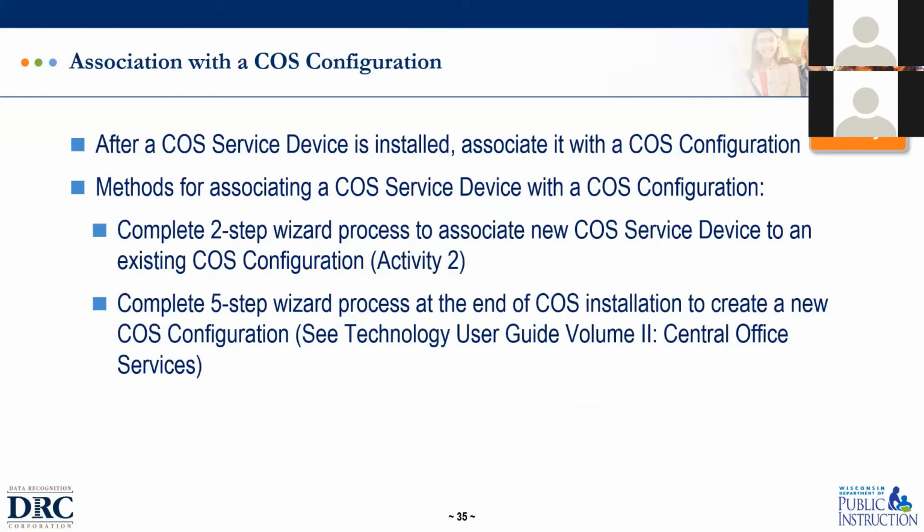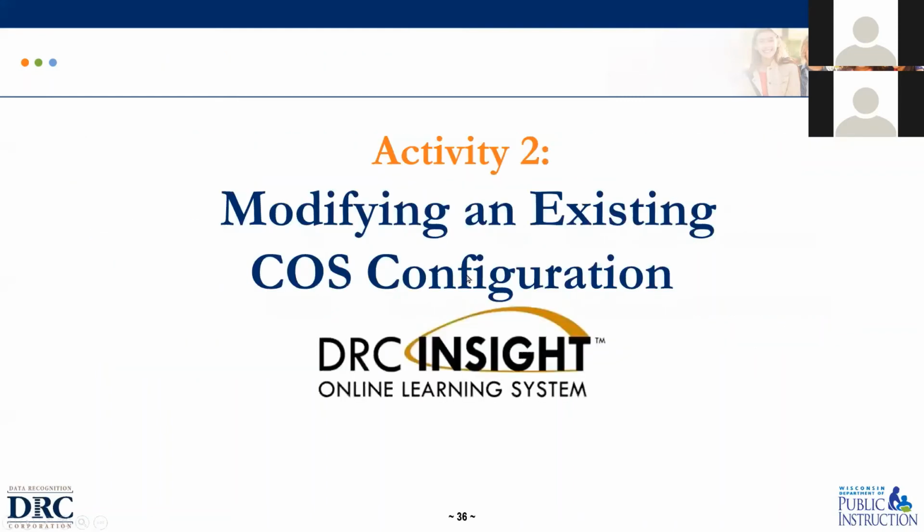So you can either add it to an existing one, which is a 2-step process, which is what we're going to talk about in activity 2, or if you wanted to start fresh and create a brand new COS configuration, you would go through the 5-step process, and we're not going to talk about that today for the sake of time. But if you wanted to see what that looks like, you can check out the Technology User Guide Volume 2. So we're going to walk through activity 2, which is now associating this new COS service device with an existing configuration.